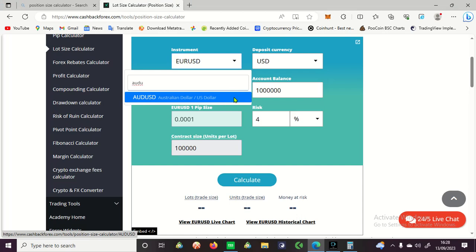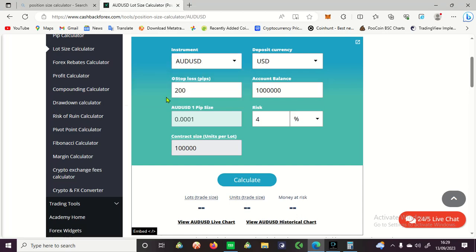Okay, this is exactly what we want. I don't know what's wrong with you. Okay, it's back. So now, the instrument is on AUD USD, which is what is here.